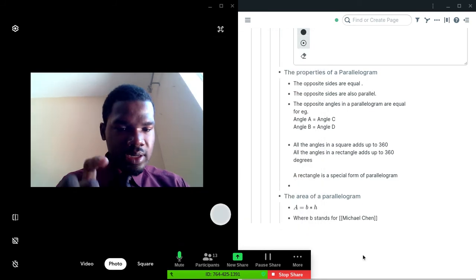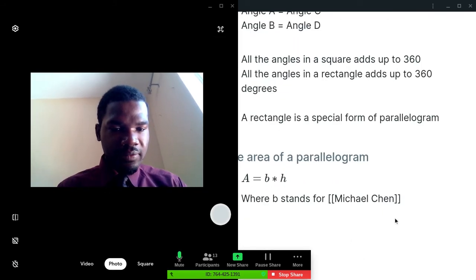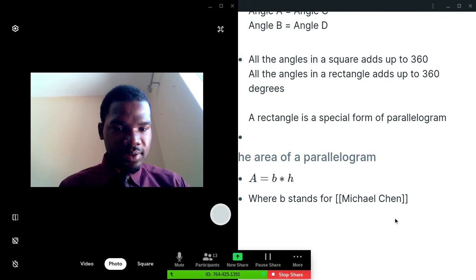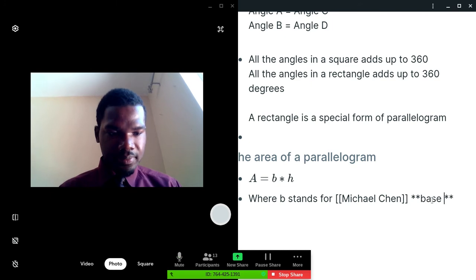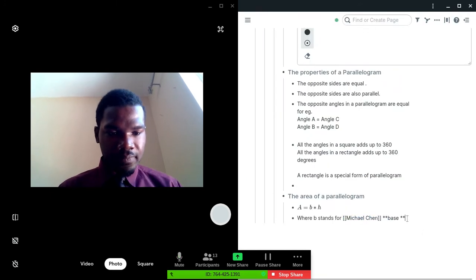What does the letter B stand for? Is it height? Is it base? Base, right? Let's put base. And what does the H stand for? Height, right?